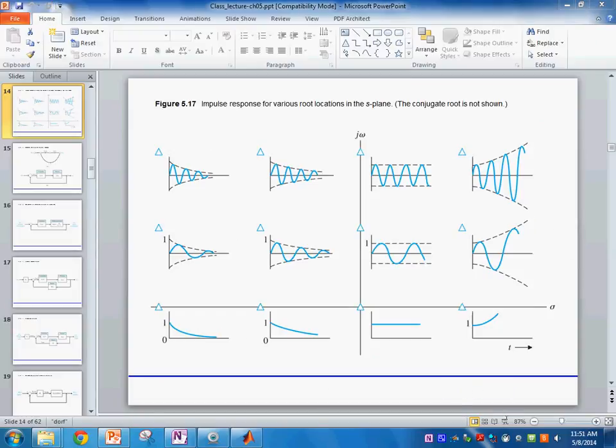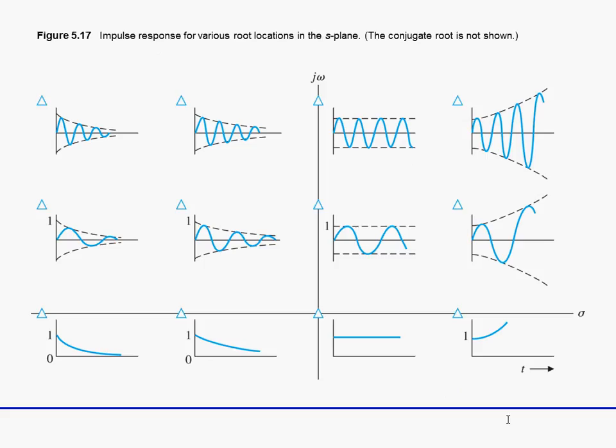We have here a graph that shows that depending on where the roots are, the system has a different response. So, for example, if it is a damped system, it will respond like this. Or if it is on the real axis, it will be overdamped and it will produce a response like this.